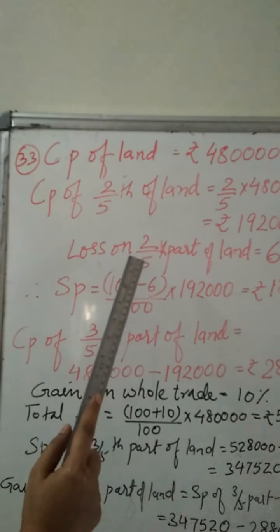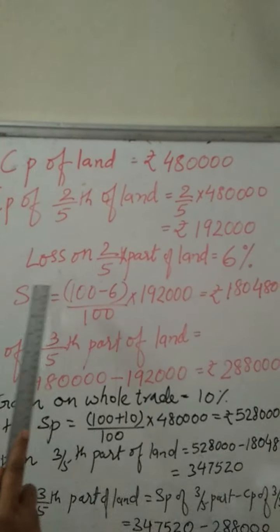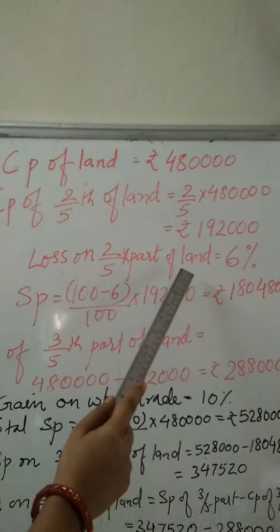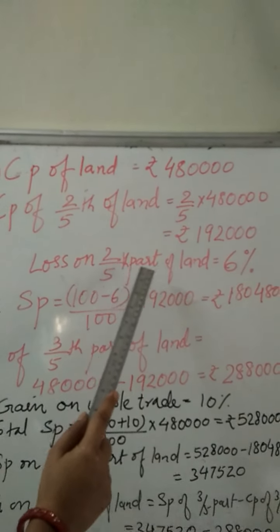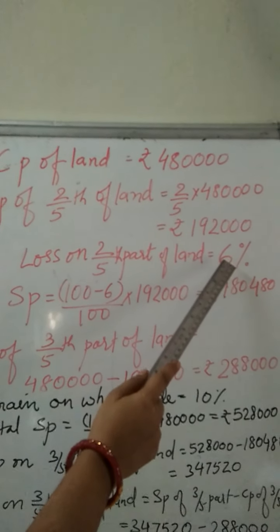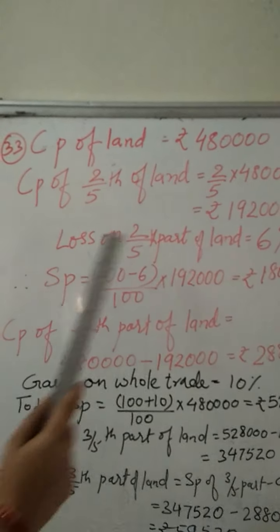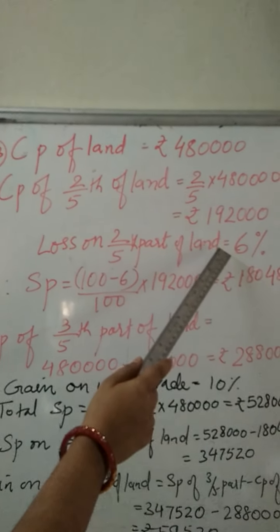Now after that, loss on 2/5 part of the land. So loss on 2/5 part of the land is 6%, given. So we have to calculate the selling price for the loss of 6%.